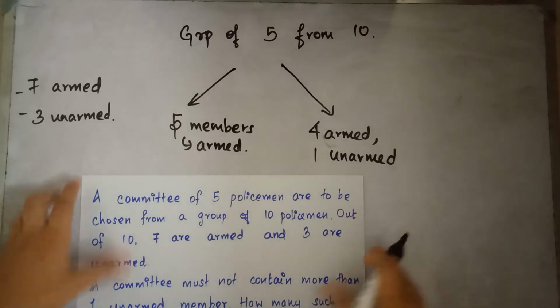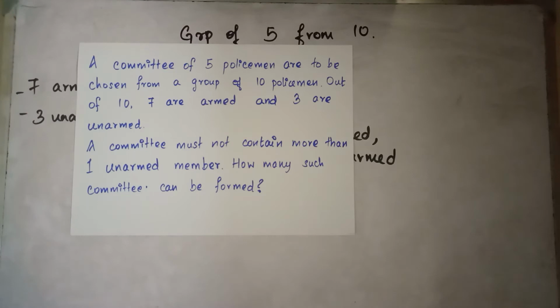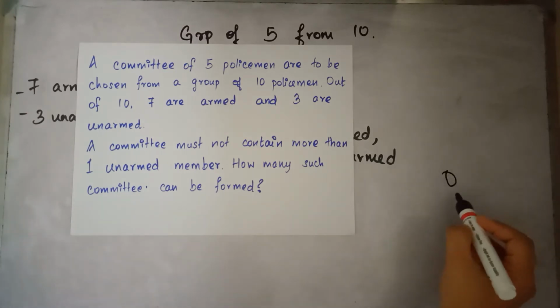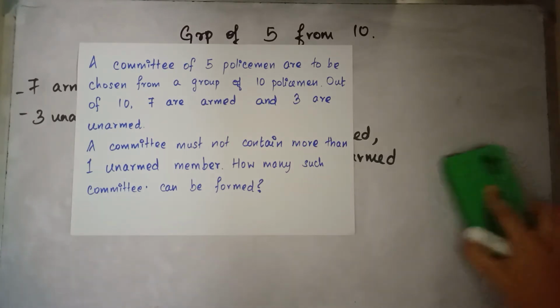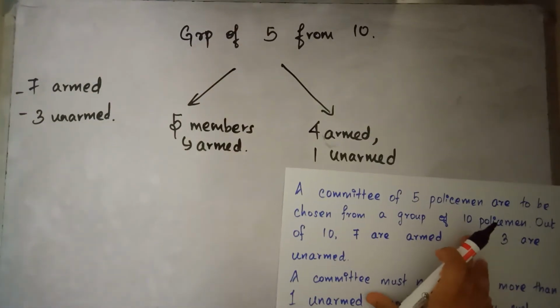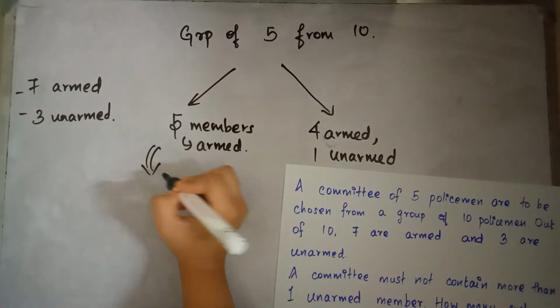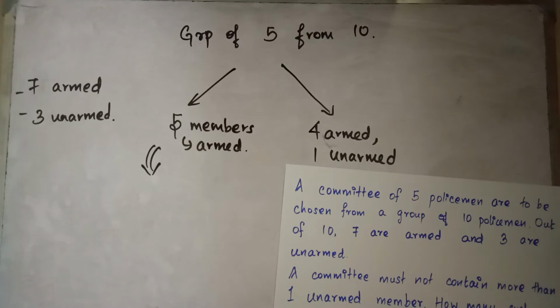Why? Because the condition states that the committee must not contain more than one unarmed member. So it can be 0 unarmed or 1 unarmed. So I have 2 possible conditions.